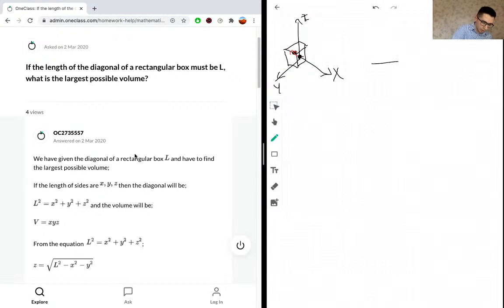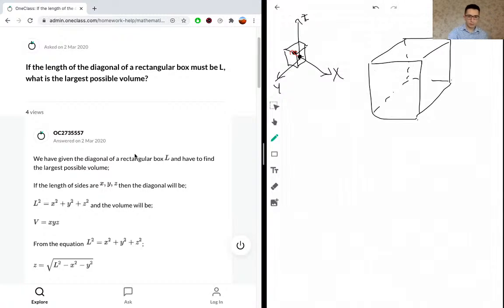I'll make a bigger box just so it's a little more clear here. So this is just a larger image, just expanded out into this bigger box.